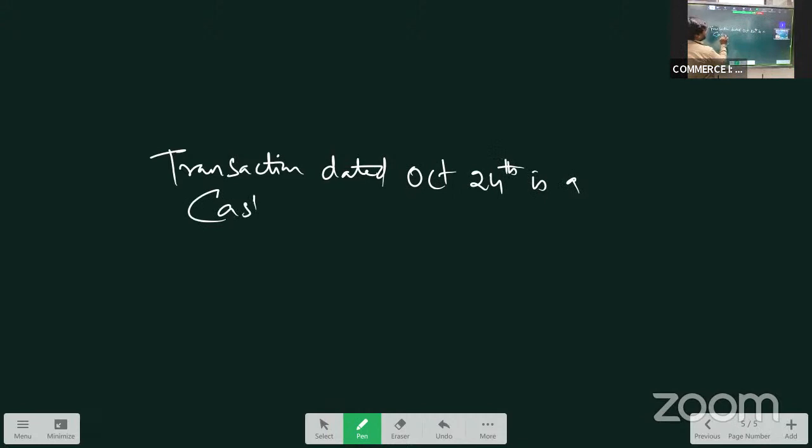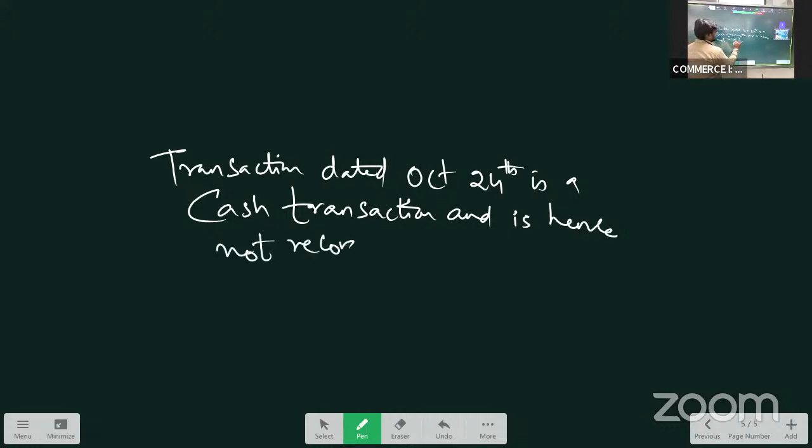Transaction dated October 24th is a cash transaction and is hence not recorded in sales book.